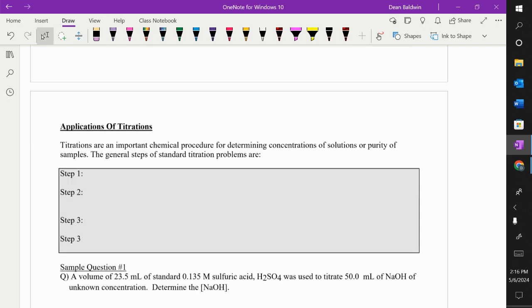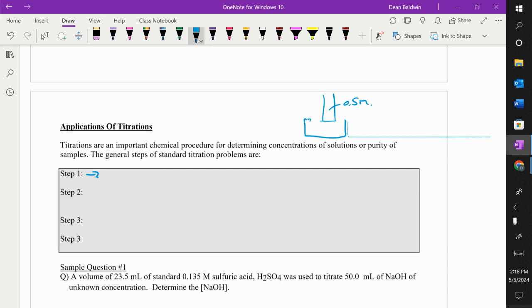Okay, what can we use titrations for? Or sorry, how do we do them? So, first thing, we've already done this a bunch of times, so this should be straightforward. 0.5 molar NaOH. You don't have to draw this. I add it into the beaker, or the Erlenmeyer.